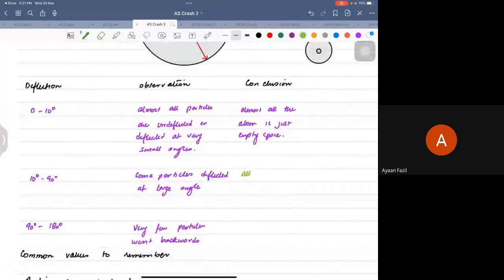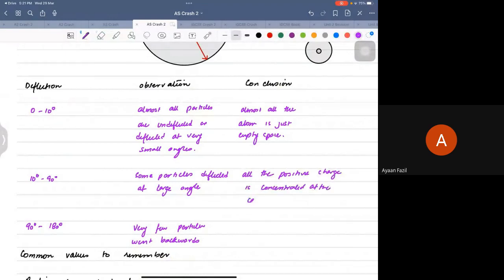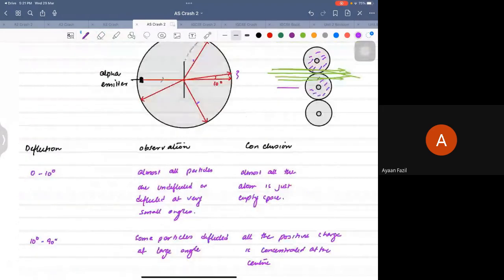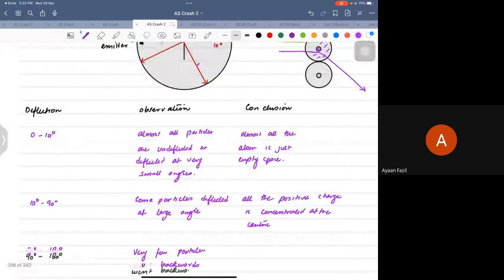Because all the positive charge is concentrated at the center, which means that some particles that came really close to the nucleus had to be deflected at large angles because the nucleus is positive. So this makes sense in that way.